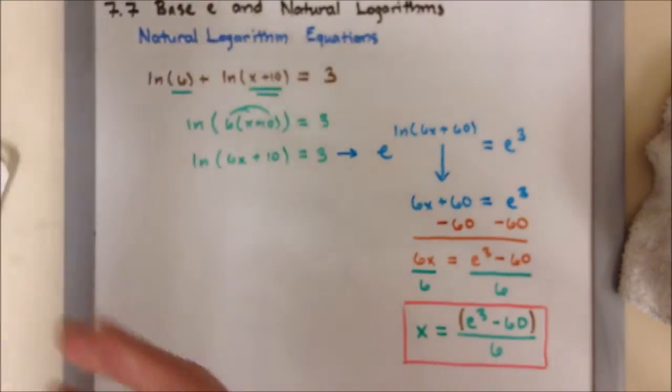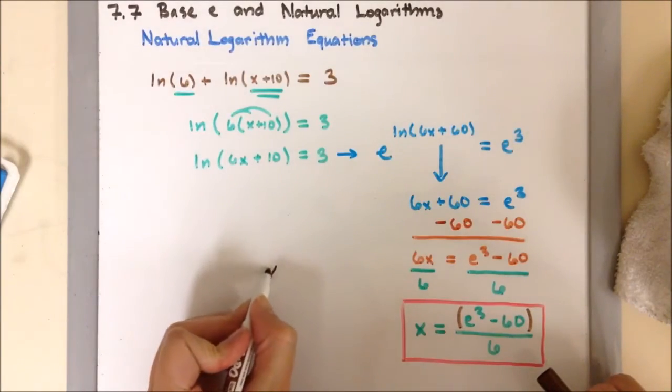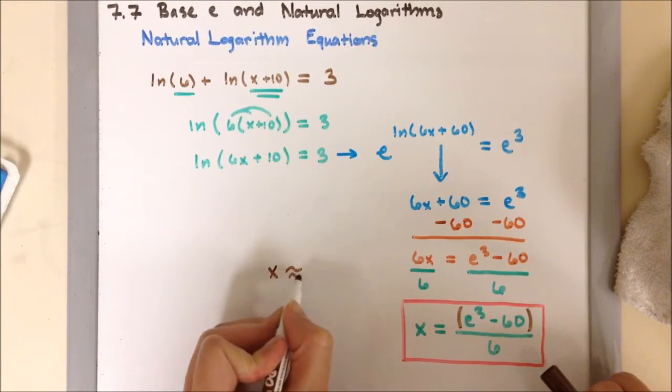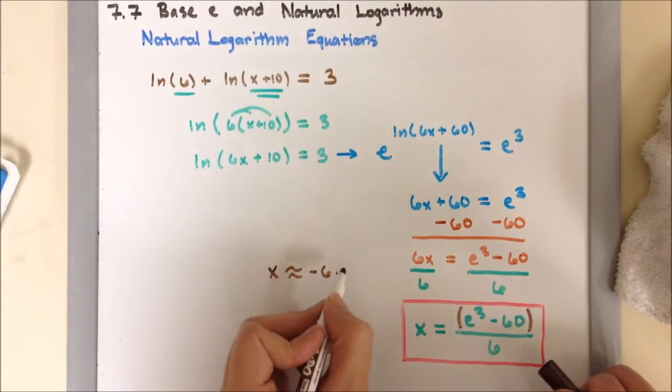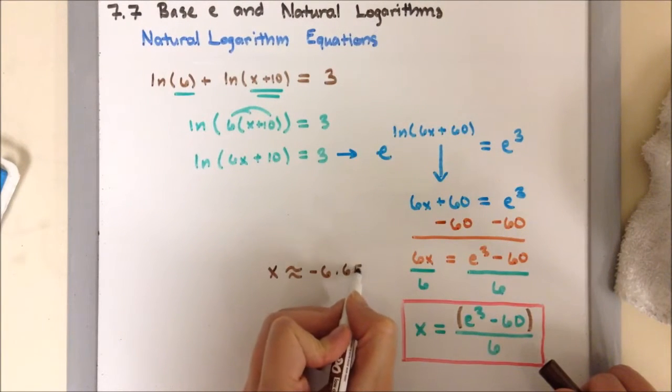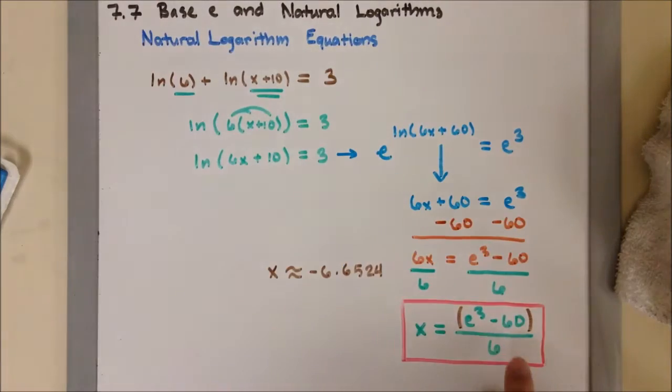So let me write that one down first. So x is approximately negative 6.6524. So that's the answer if you were to type exactly like how you wrote here.